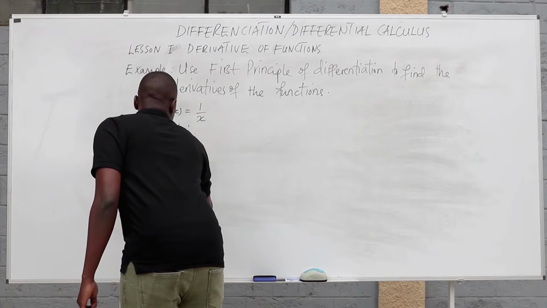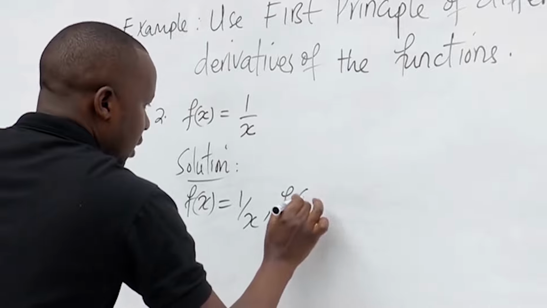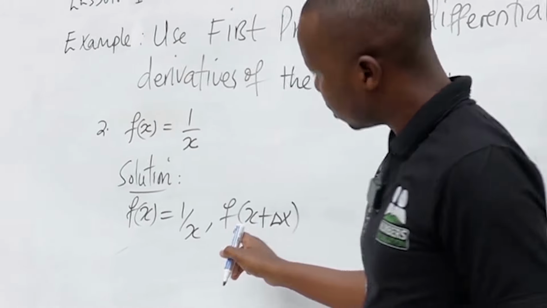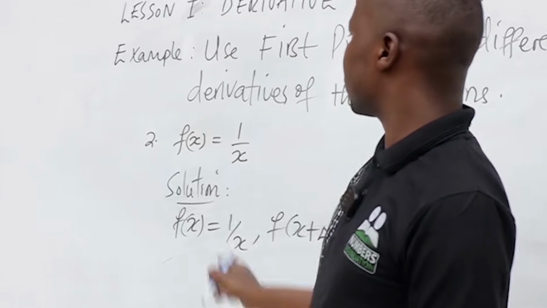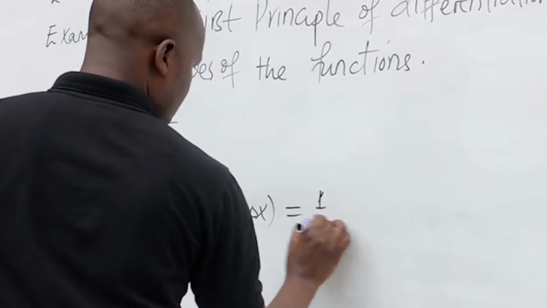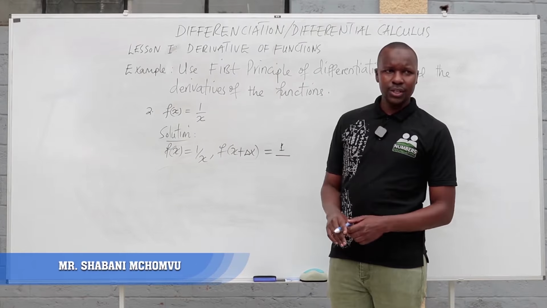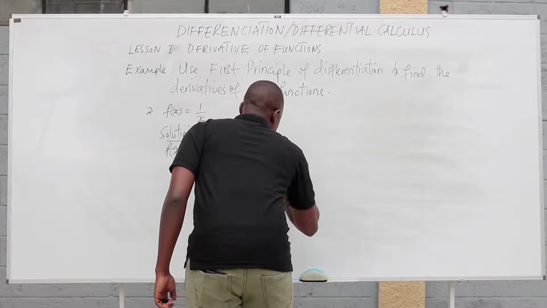So we can write f of x, which is 1 over x. And the other thing we have is x plus change in x. Here we're trying to see what happens once we introduce the change in x to the function of x. So it is 1 over, where we have x, we just put x plus change in x. So it becomes 1 over x plus change in x.